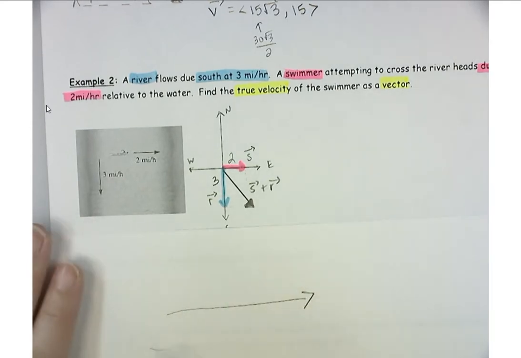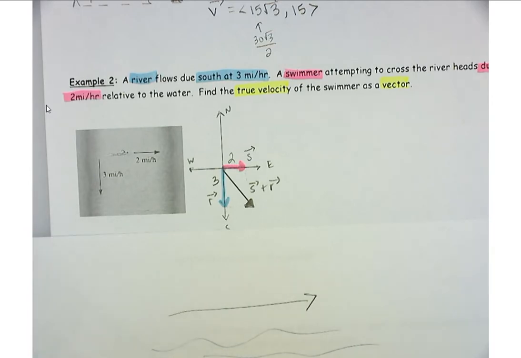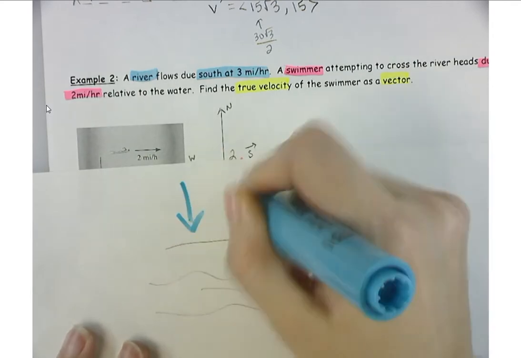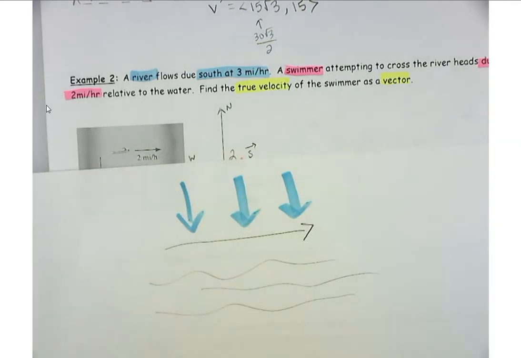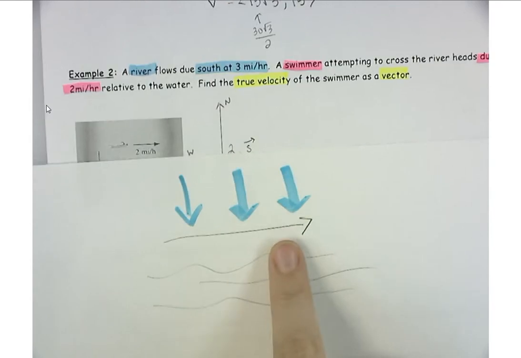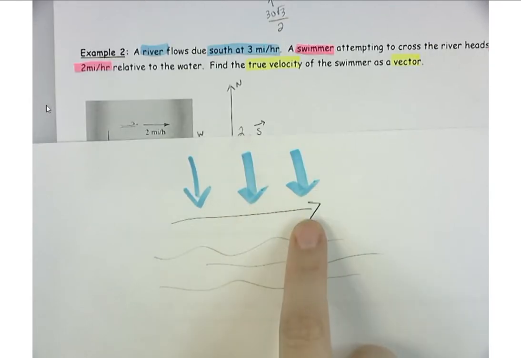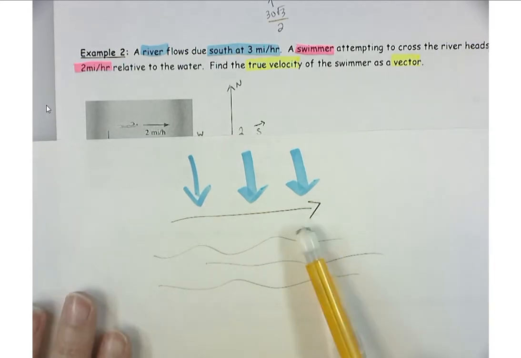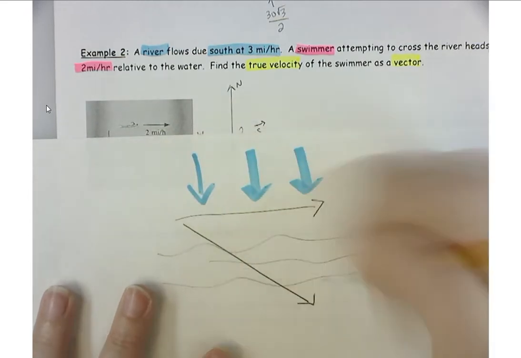You're swimming, doing fine. And then the river current comes in, and the river current is going south. If this is you and this is the river, what's going to happen to you? Yeah, you're going to get pushed, right? You're going to get pushed, and instead of here, now you're going this way.